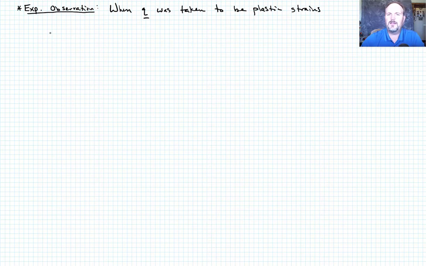So we could write, if you wanted to, that q, in row vector format, would look like epsilon 11 plastic, epsilon 22 plastic, epsilon 33 plastic, epsilon 12 plastic, epsilon 13 plastic, and then finally epsilon 23 plastic.